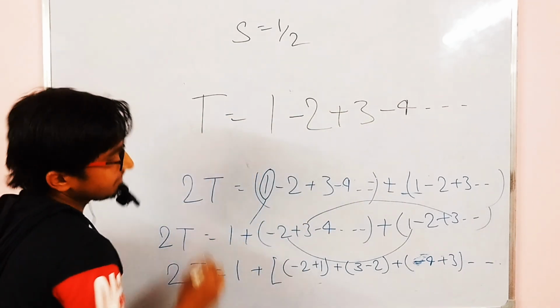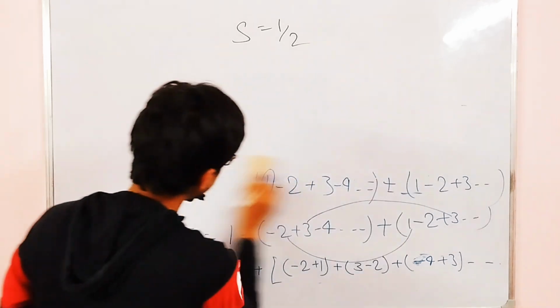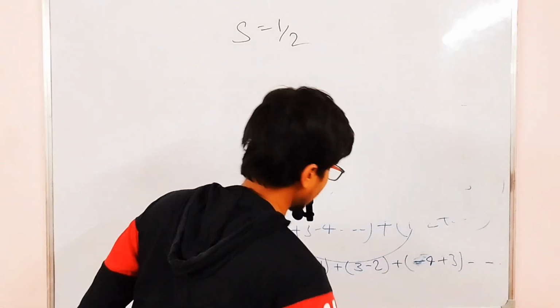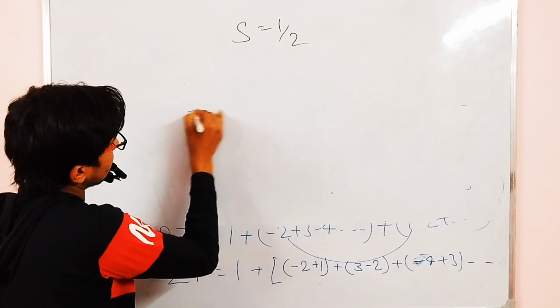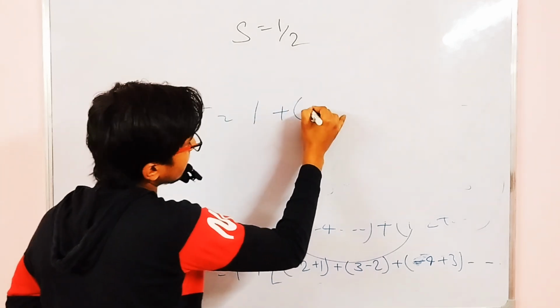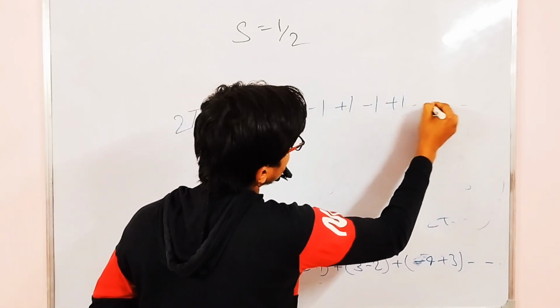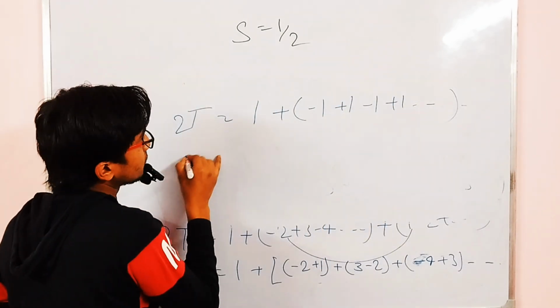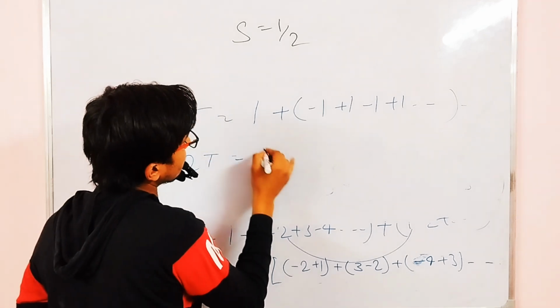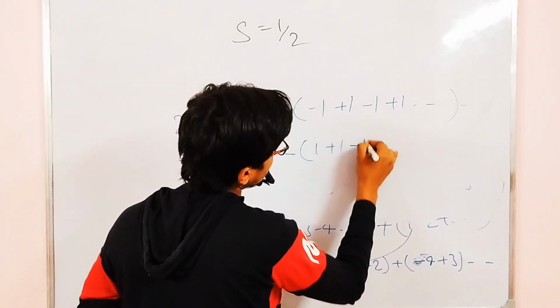So we get 2T is equal to 1 minus 1 plus 1 minus 1 and so on.